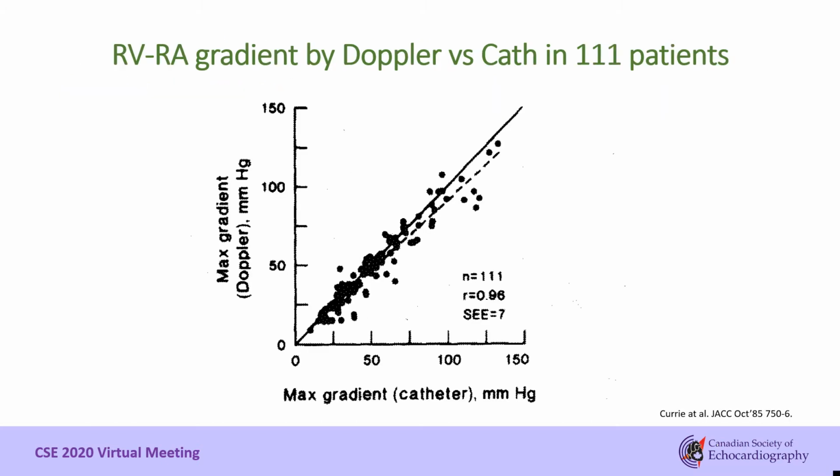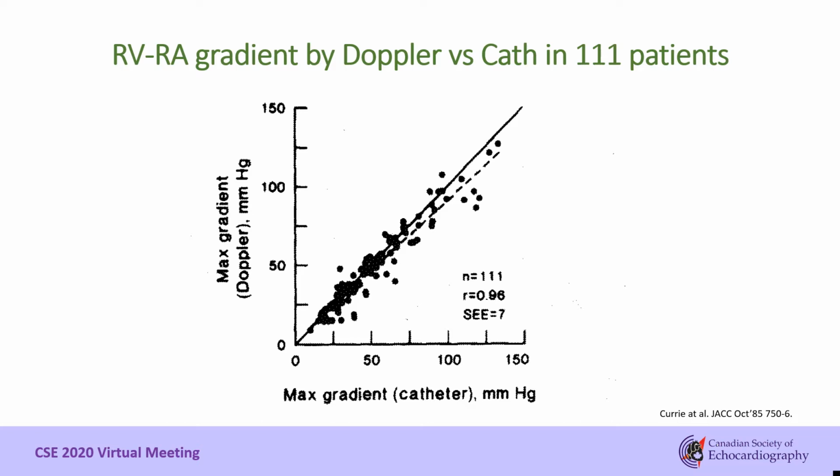This was a study that I was involved in during my fellowship a long time ago. We performed a Doppler study to assess the tricuspid regurgitation velocity in the cath lab and compared the RV to RA gradient by Doppler with cath measurements.